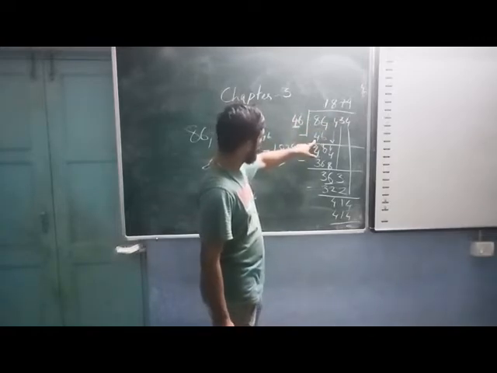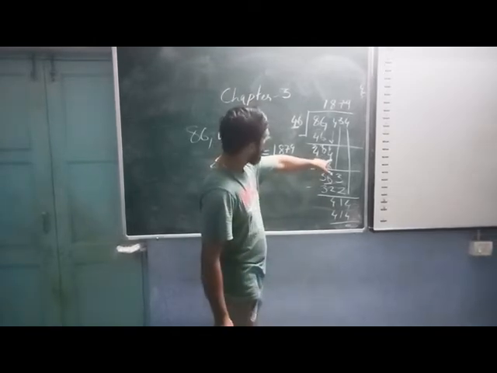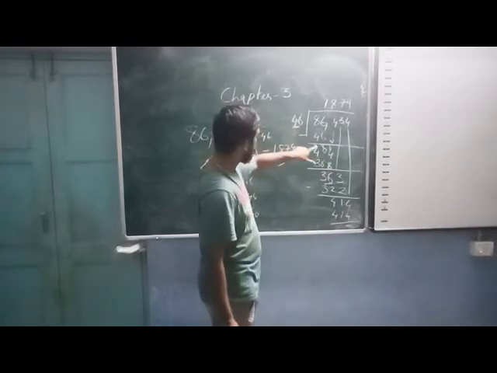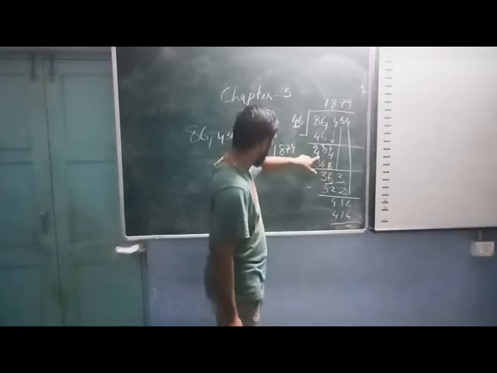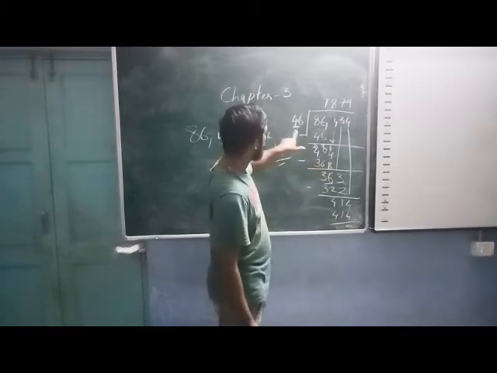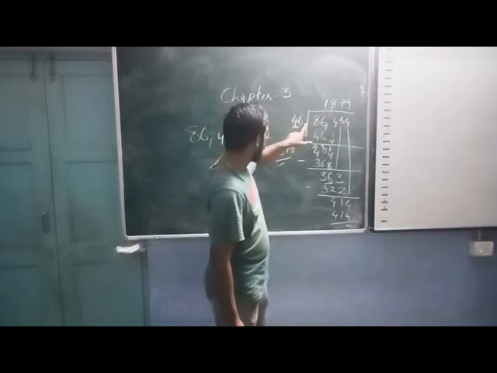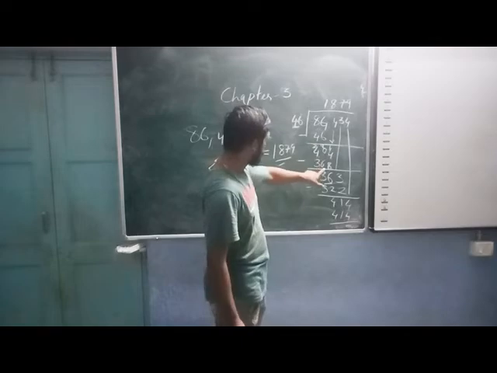So we gave the 46, we subtracted it. So we got 40, and we brought this 4 down. Now again we consider the 40. 40 is less than 46. So we consider 404. Let us see how many times 46 goes in 404. So 8 times. We multiply and get 368.